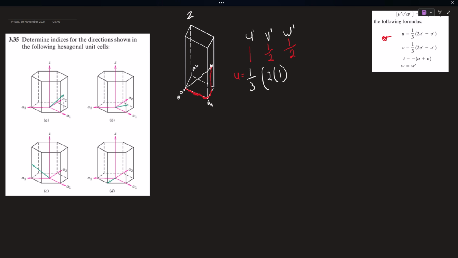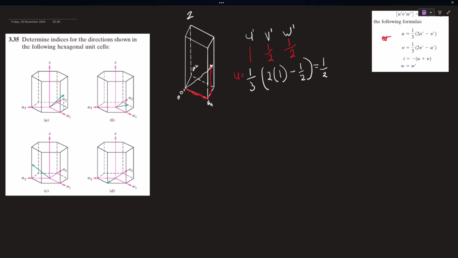Our U prime is 1 minus V prime, which is 1/2. So we close the brackets and punching that into calculator, we have 1/3, open bracket, 2, open bracket, 1 minus half. So we close the bracket and we have our answer to be equal to half. Cool. So we find our U.